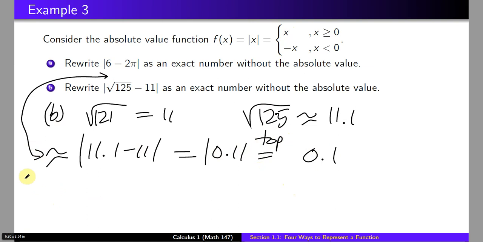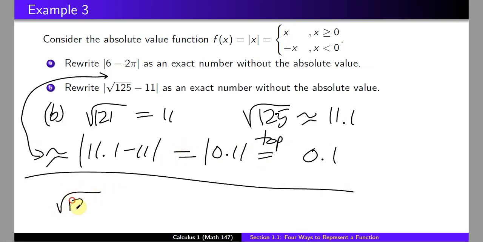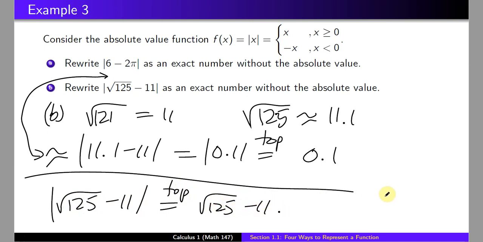So this is just some scratch work. This tells us that the square root of 125 minus 11, when we're taking an absolute value, is going to go in the top piece, and we just drop the absolute value because it's already positive. And so here's how we work with the absolute value, and we kept this as an exact number.